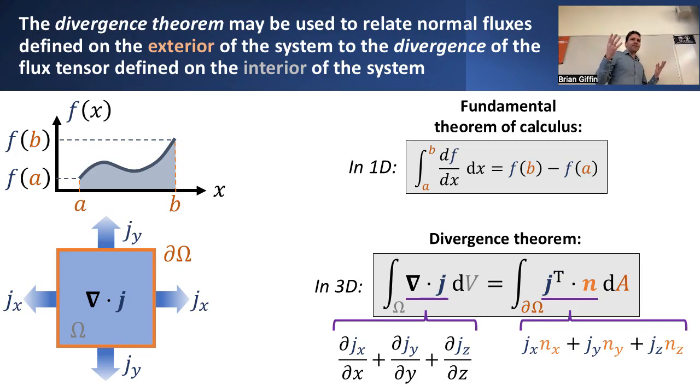The analog to the divergence theorem in one dimension is just the fundamental theorem of calculus, which is probably something that you well remember. The fundamental theorem of calculus states in one dimension that the integral of some derivative of a function f, so the integral of df/dx with respect to x, basically gives me back the function itself.